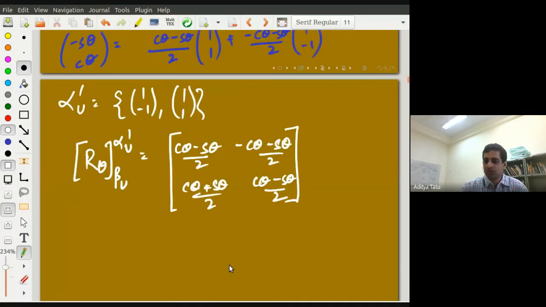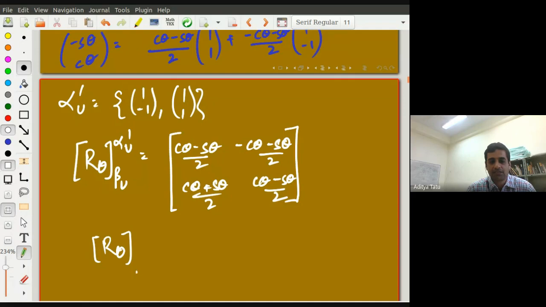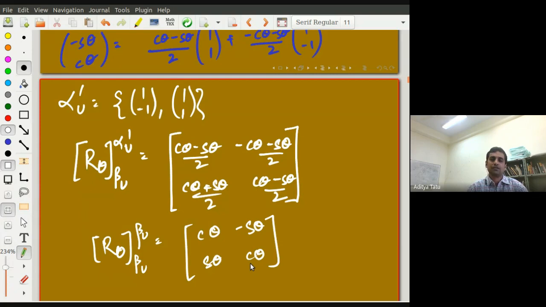But I hope all of you remember that the matrix R theta in the basis beta u would be cos theta, sine theta, minus sine theta, cos theta. Here you can see that the matrices do not have a very simple relationship. But is there a relationship that we can find between all these matrices?